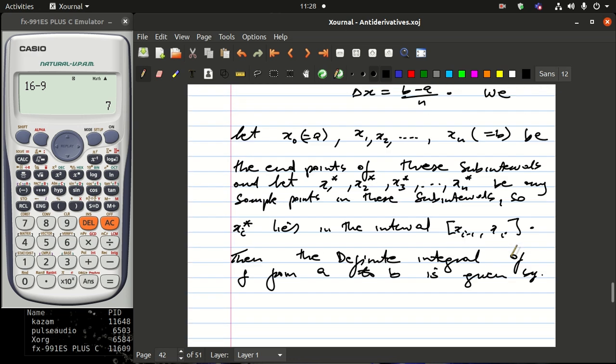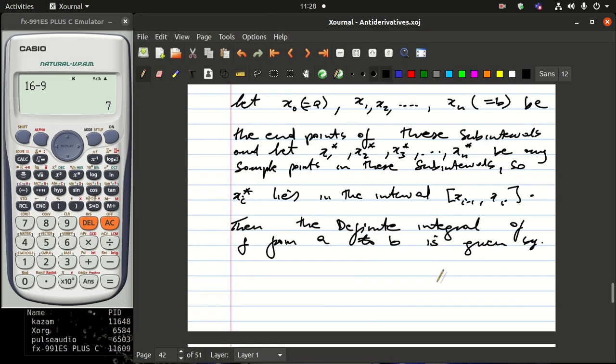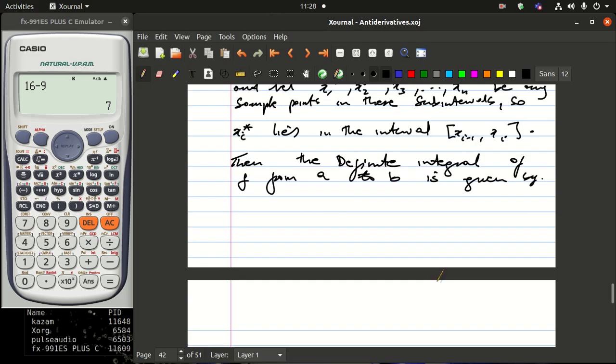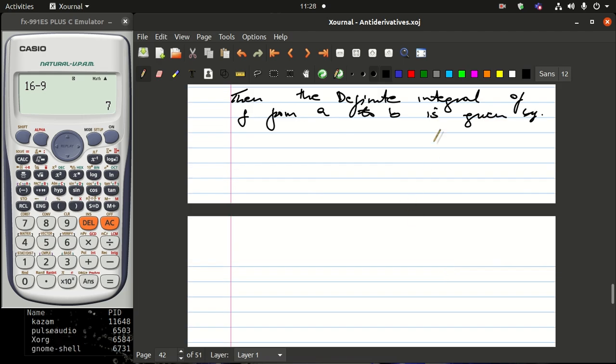Let me talk about this. Basically, I'm going to summarize it into a few points because it's what we have been doing. Let's say you have a Cartesian plane, with the x-axis and the y-axis, and you have a curve here, which is f of x, and this point here is a, and this one is b.